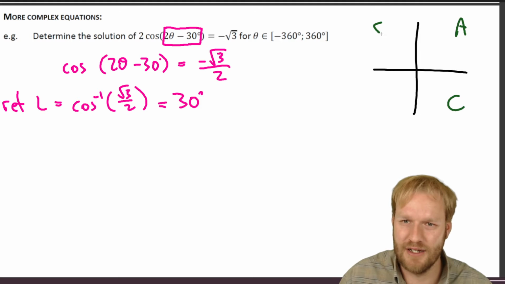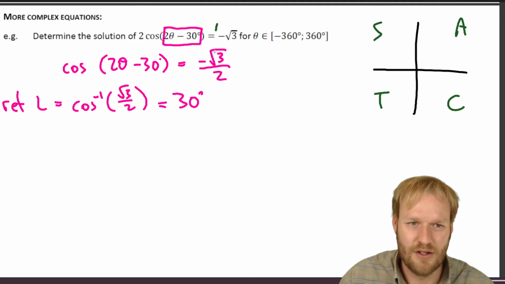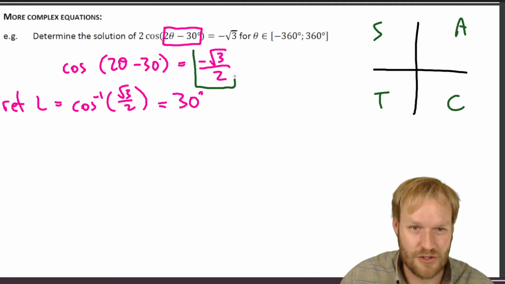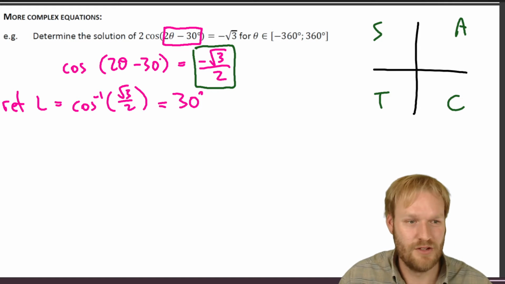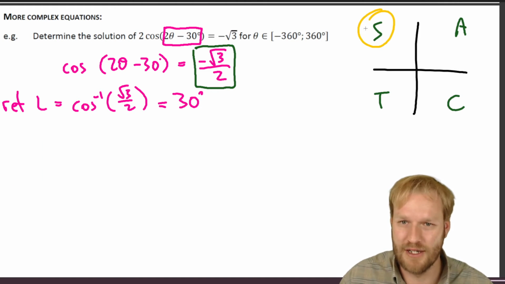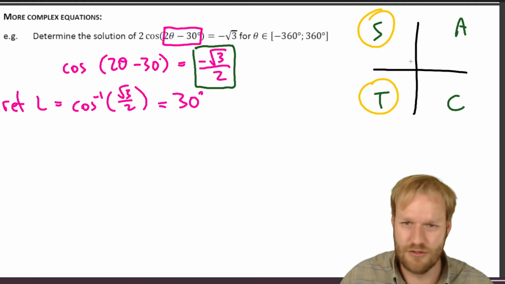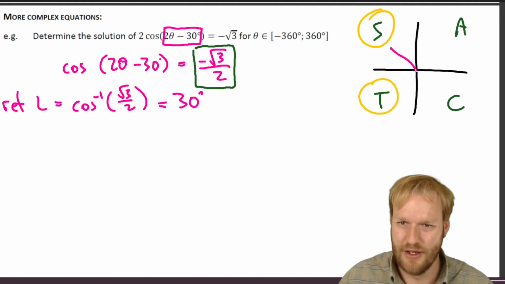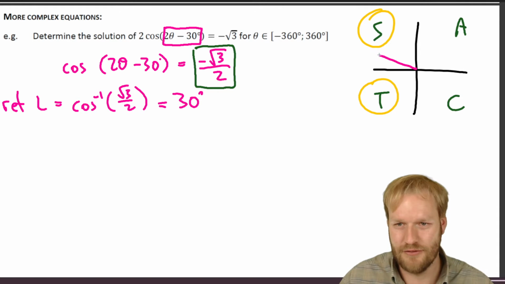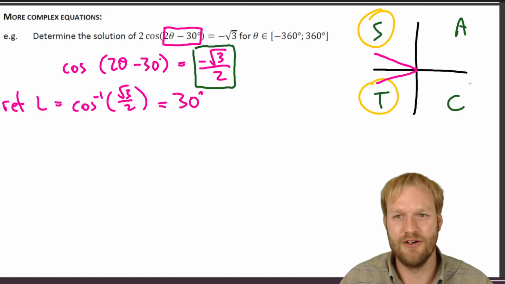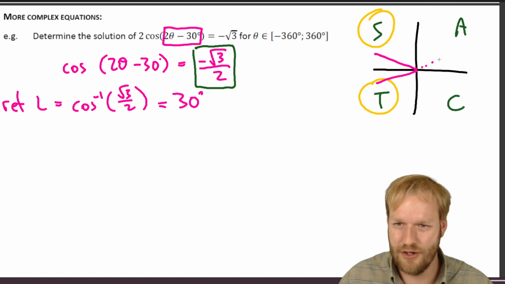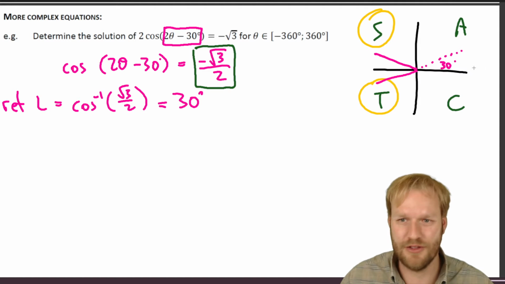In this case I should look at this equation: cos is negative, so we're dealing in these two quadrants, and our two solutions are there and there. Our reference angle was sitting over here at 30 degrees.